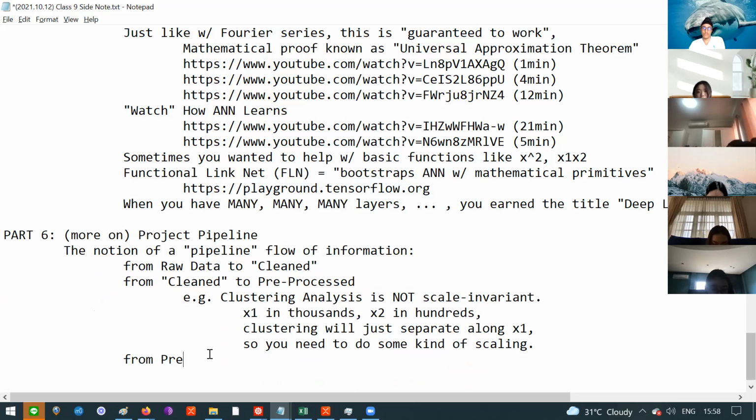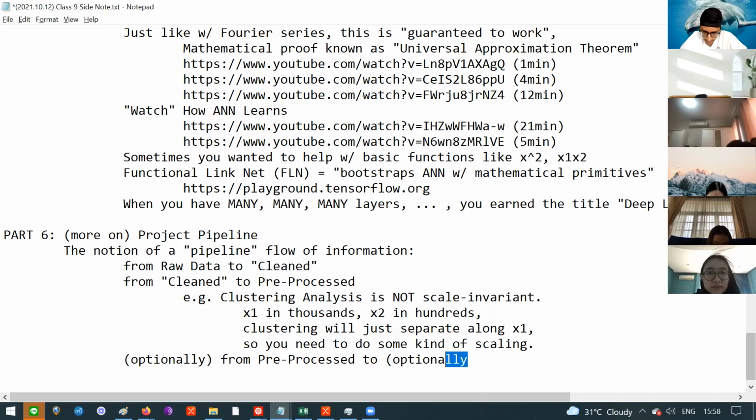So from pre-process to, optionally, feature engineering. Now this is done a lot in practice. I don't like this practice, but people do that. And sometimes it is useful, and I do use that. Okay.